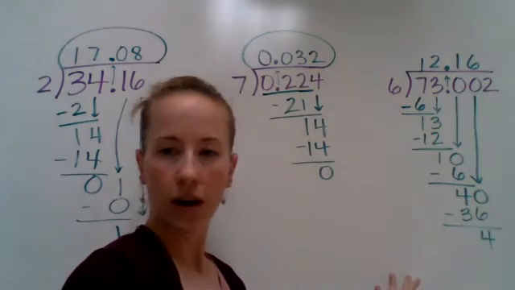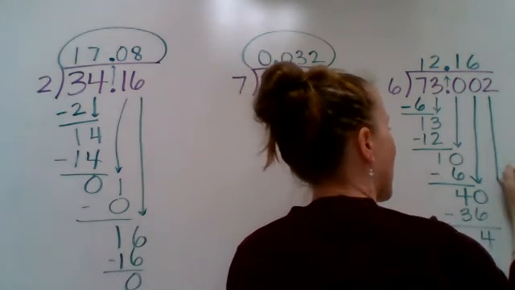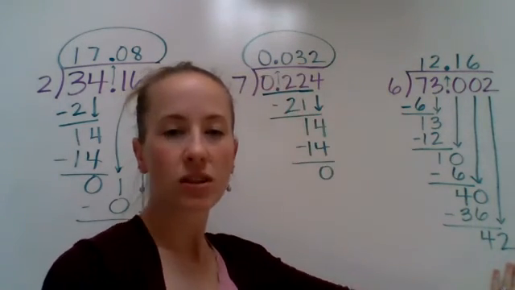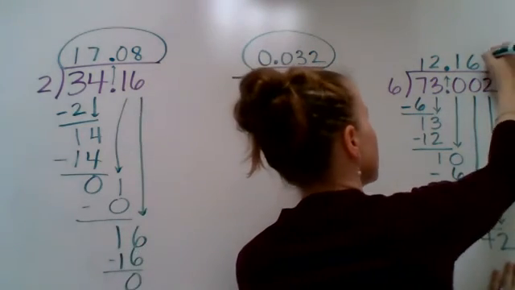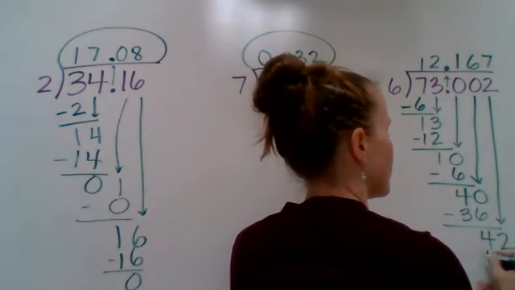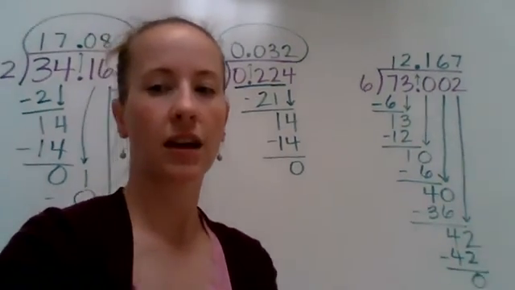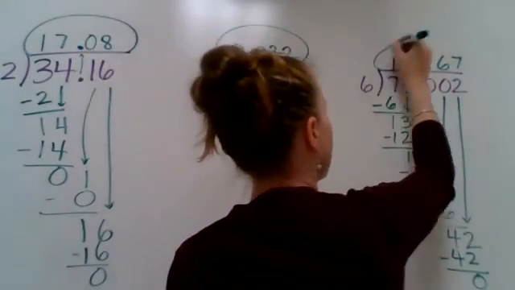My remainder is 4 again. And my last step, hopefully it works out, and it does. 6 goes into 42 7 times. The answer is 42 exactly. So there's no remainder. And now I can be done.